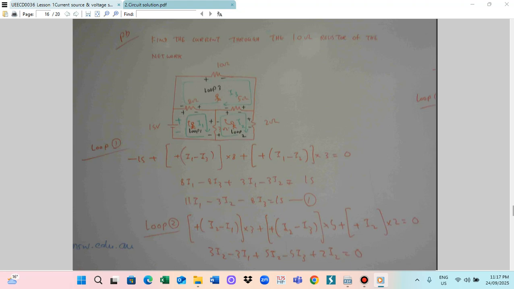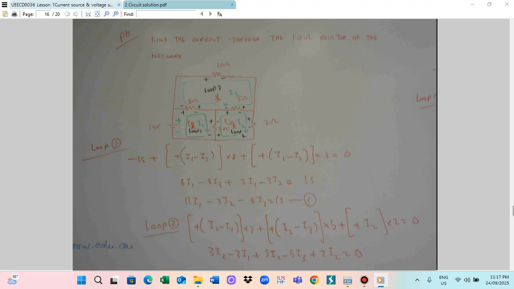When you are working on this loop in this direction with I2 minus I3, you can see the positive side, so you put the positive. Multiply by the 5 ohm resistance. Plus, for the 2 ohm resistor, only I2 is flowing, and you see the positive side.